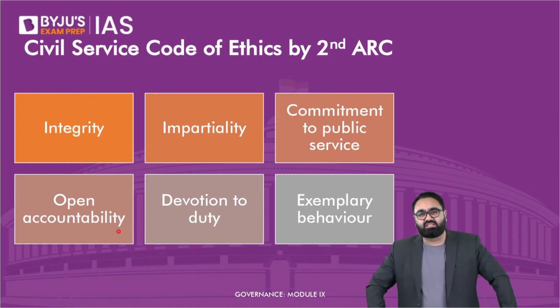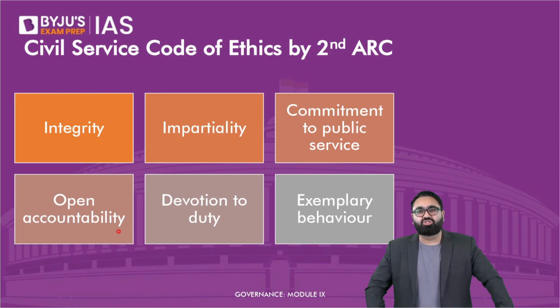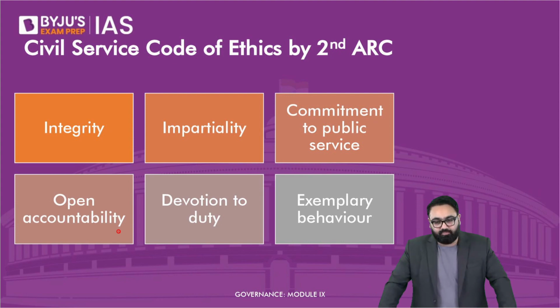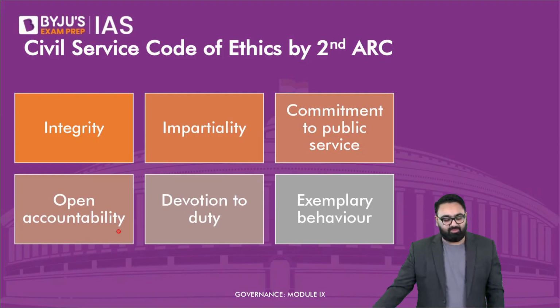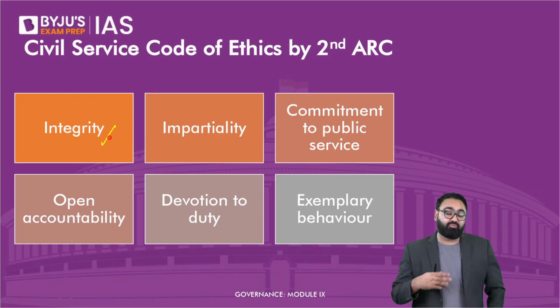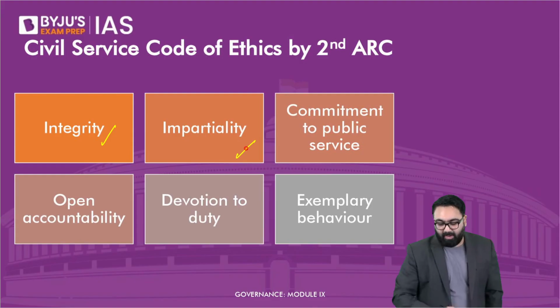The second ARC has also suggested what should be the code of ethics that every civil servant must follow. These are the words that we have discussed earlier in great detail. I don't think I need to go into detail of all of these. We have discussed integrity, meaning follow all the values that you're preaching. Be impartial to the public.